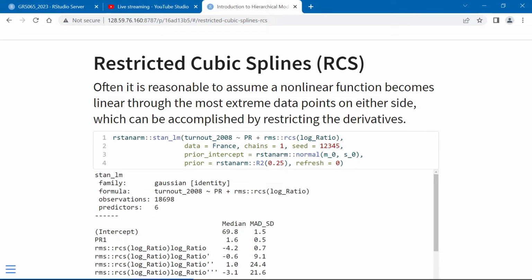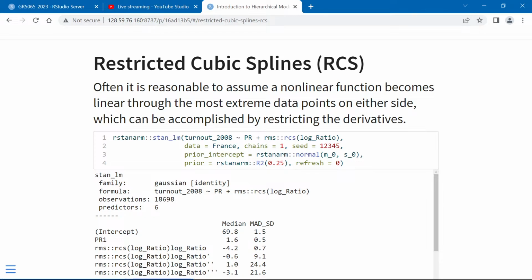it'd be reasonable to assume there's a potentially nonlinear function, but imposing the restriction that the function becomes linear as it goes past its extremes. So linear through the most extreme data points that you have in the data set, and then just keeps going linear beyond that.